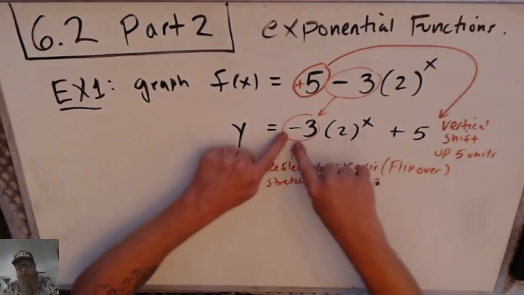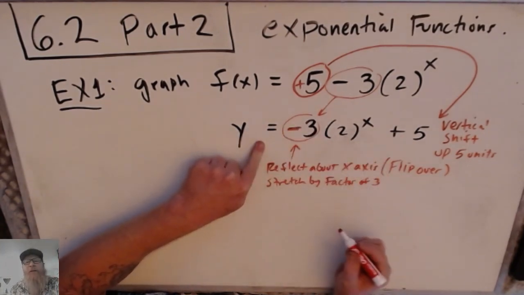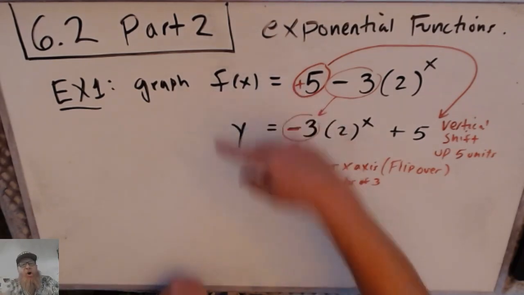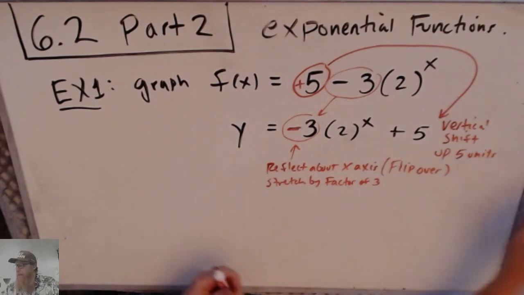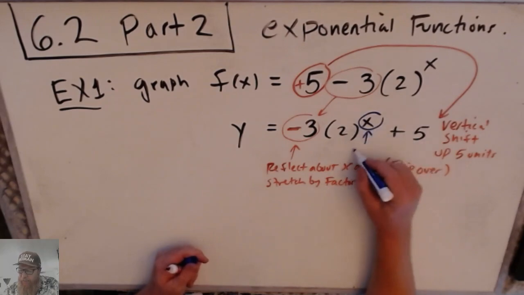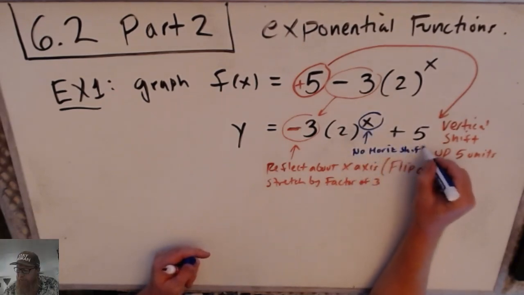So this is doing two things. It's reflecting. That's the negative, the reflector. And the 3 is stretching the graph. It's going to make it taller than it normally was. Notice that nothing is happening to the x. So there is no horizontal shift.